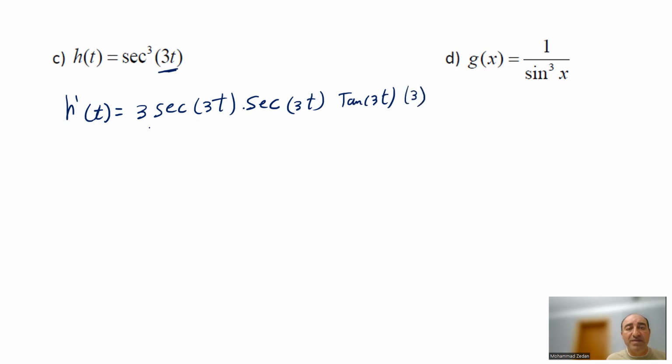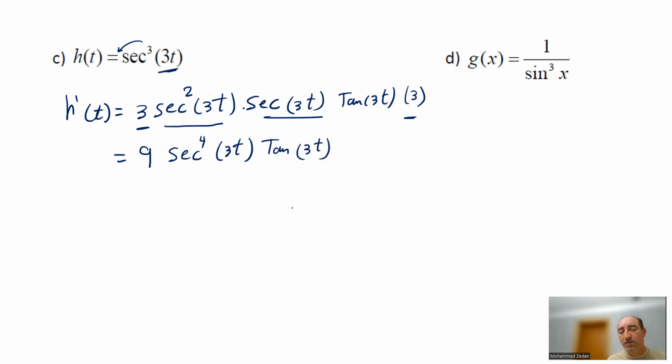So for the final answer, multiply 3 by 3 to get 9. When I bring the 3 down here, I subtract 1 from the power, so I have secant squared 3t times sec 3t. I have now secant to the power 4 of 3t, multiplied by tan 3t, and this is the final answer.